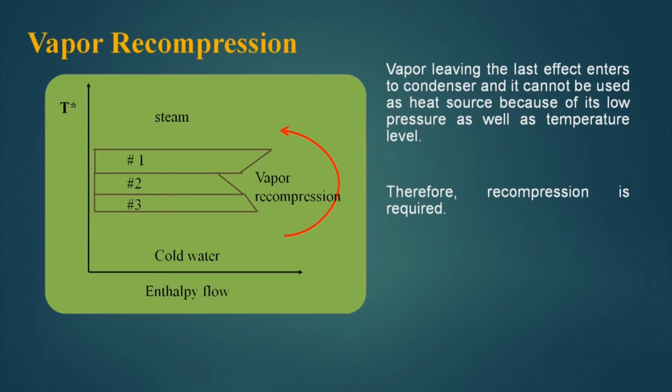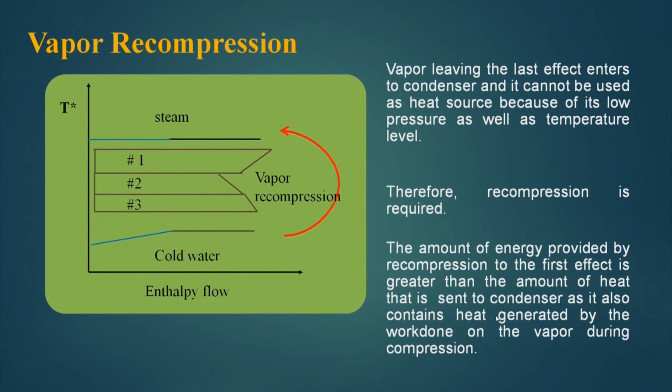So, whatever heat I pick up from here, the amount of heat which will reach this level will be more, because the work done on this vapor will convert into heat. So, heat available here will be more than whatever heat is available here. The amount of energy provided by compression to the first effect is greater than the amount of heat sent to the condenser, as it also contains heat generated by the work done on the vapor during the compression.